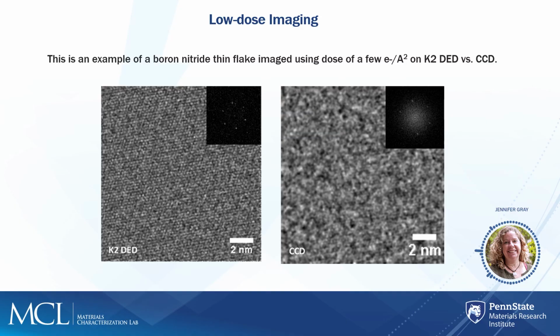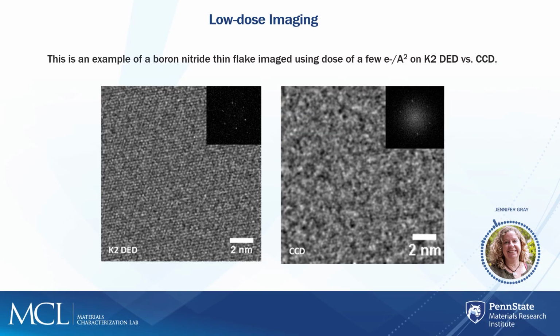And then we can compare that using the exact same dose if we image this sample on a traditional CCD camera. On the traditional CCD camera, you just see basically noise. You don't really see that periodic crystal structure in the image. On the left-hand side, the direct electron detector image very clearly shows the regular arrangement of the columns of atoms in that crystal structure.